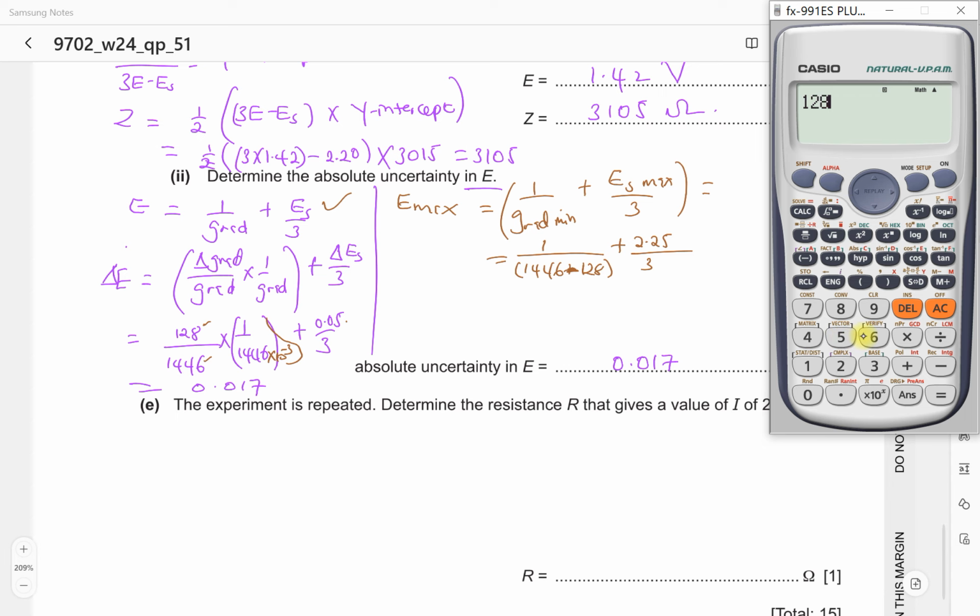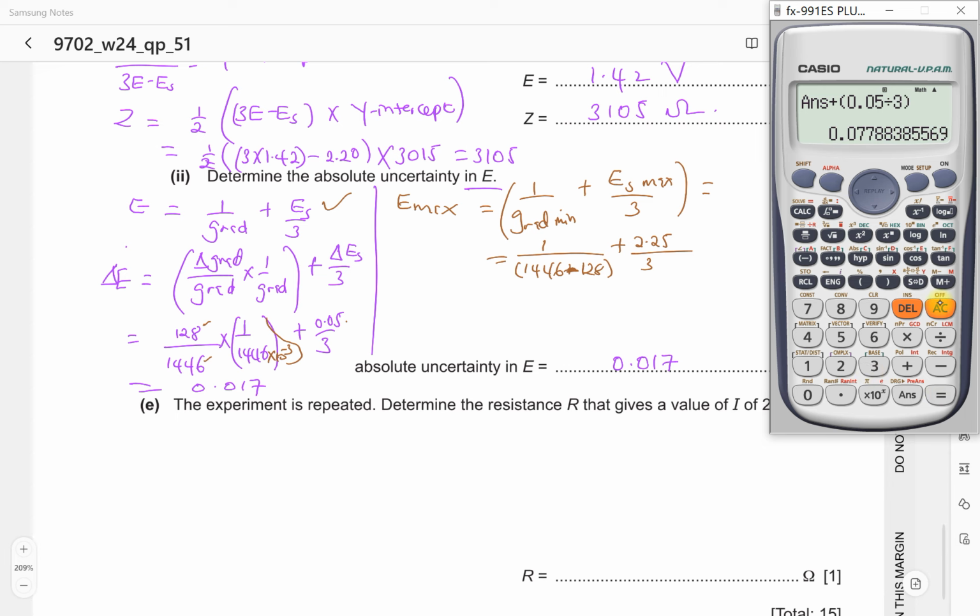So 128 divided by 1446, then times 1 divided by 1446 exponent minus 3. Then I add this to 0.05 divided by 3.